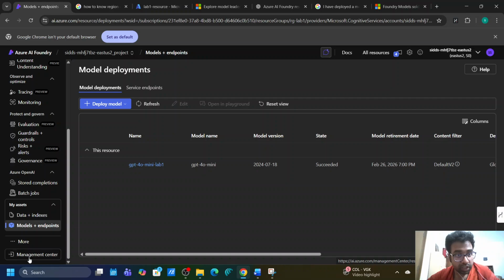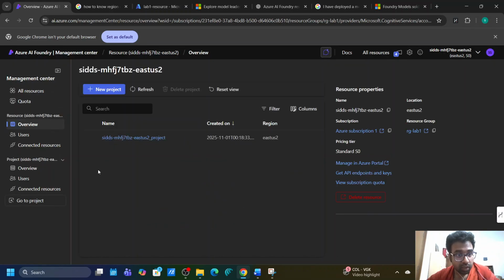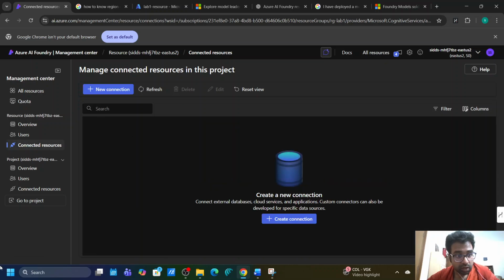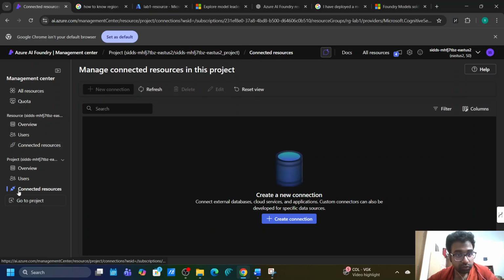Now if you go to the management center for this one and go to connected resources, you will not find anything. Even for the project, you will not find anything in connected resources because this is not connected. So this is the East US 2 project that Azure created. The project that I created is being connected to this East US project somehow by Azure.